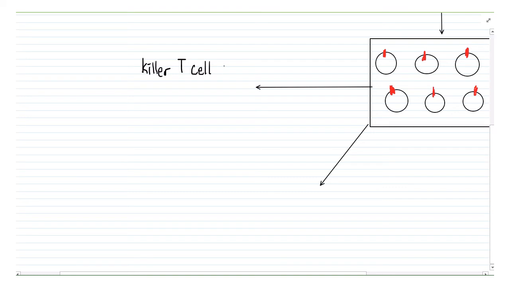Killer T cells are also known as cytotoxic T cells. So they are going to transform. I'm going to draw another cell here, and they're killer T cells. I'm going to give these T cells a little weapon here.